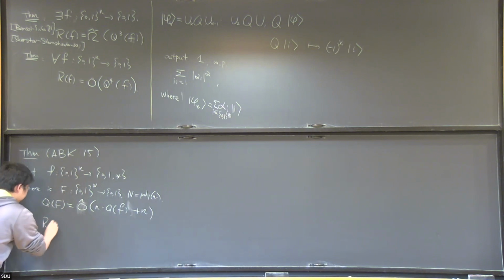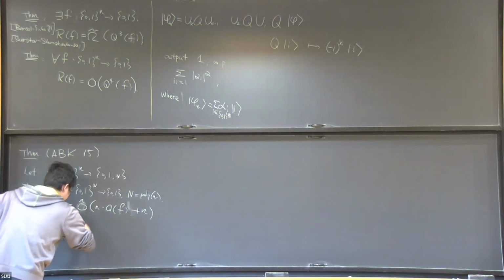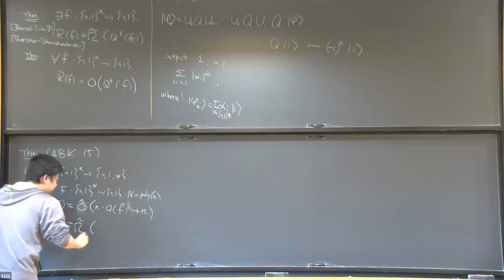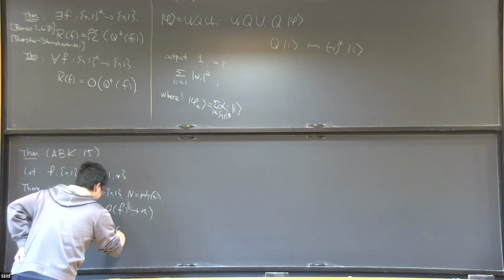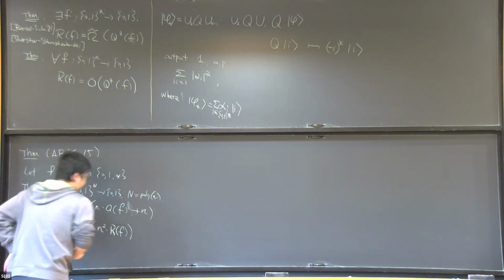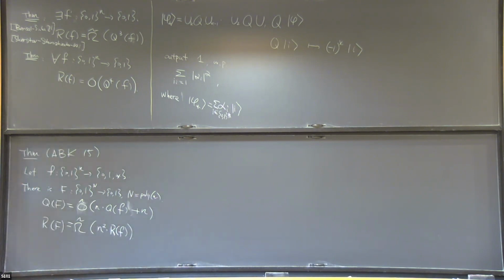And the randomized query complexity of the new function is at least n squared times the randomized query complexity of your original function. So that motivates us to look at partial functions.